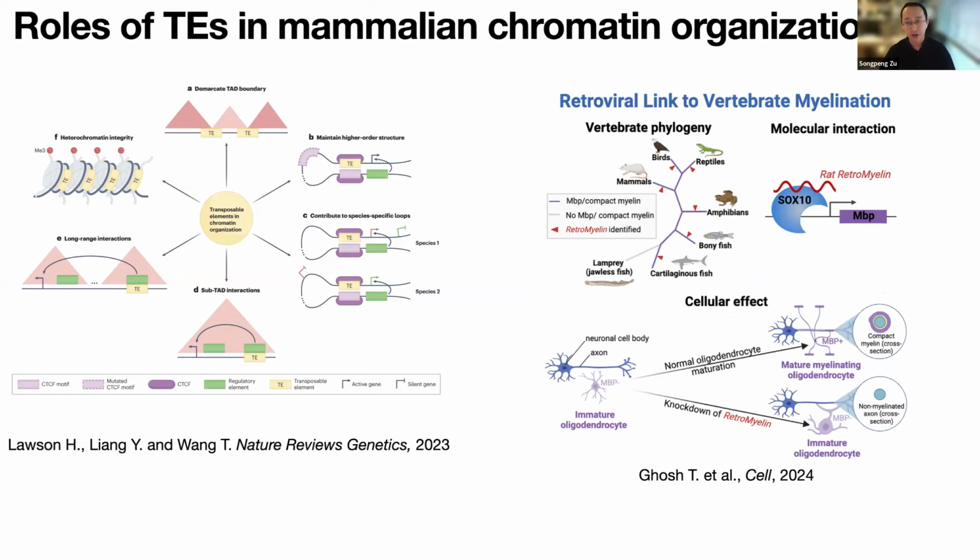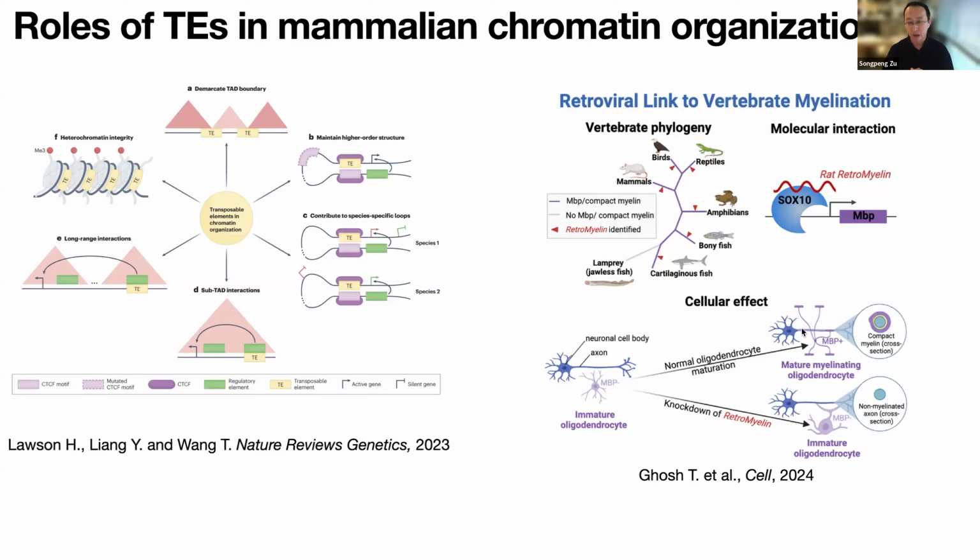For example, here is a recent study showing that there is also retromelin. This is another retrotransposon element, and they noted that it is very important to help the oligodendrocyte go from the immature state to the mature state, especially for the myelin part. This myelin can wrap around the axons, speed up the signal transduction, and also support the survival of the neural cells.